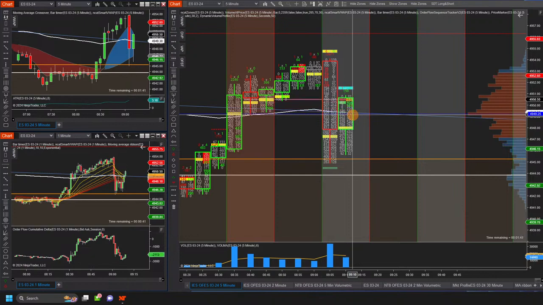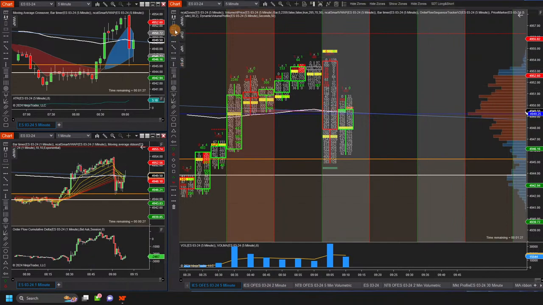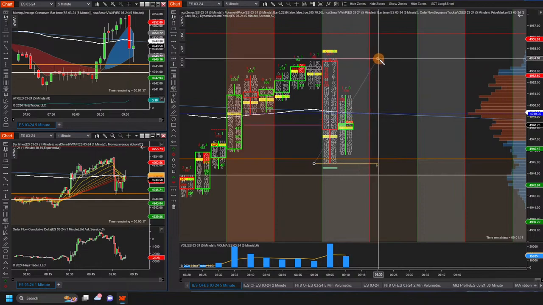Failed. Okay. It's a total range that we're in right now from the open. This bar was almost 10 points.